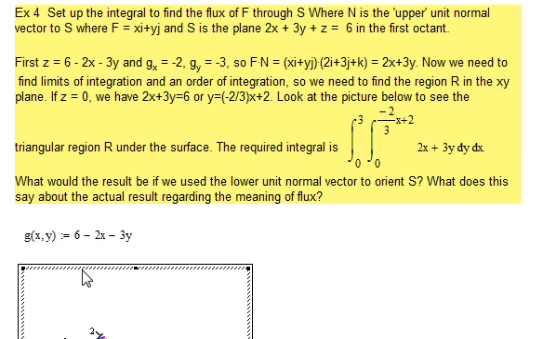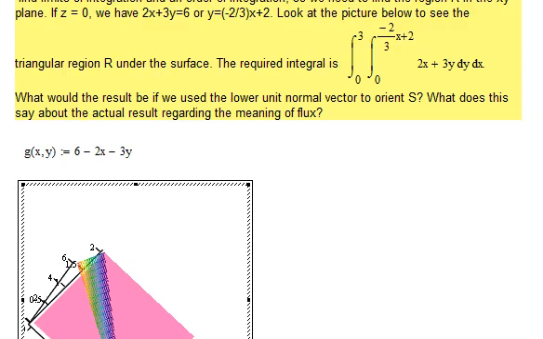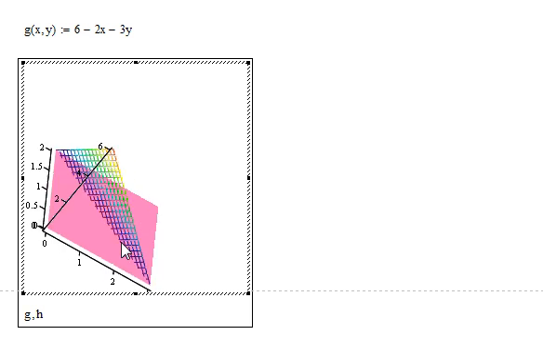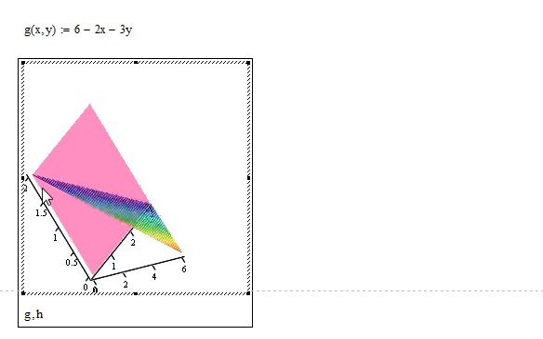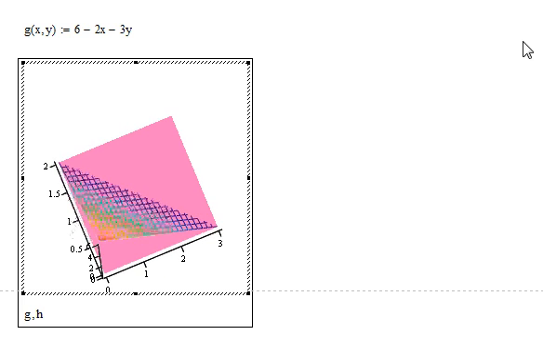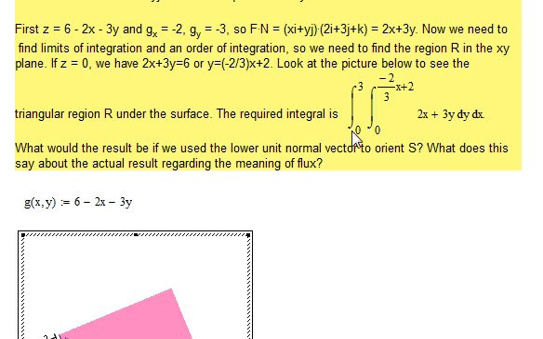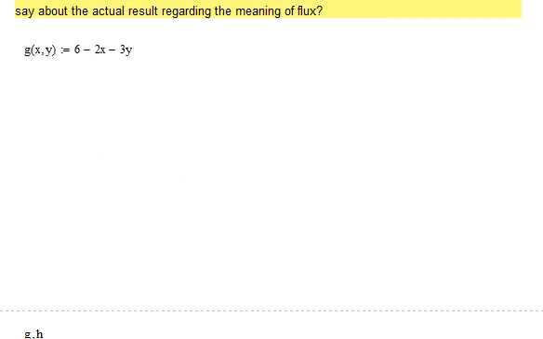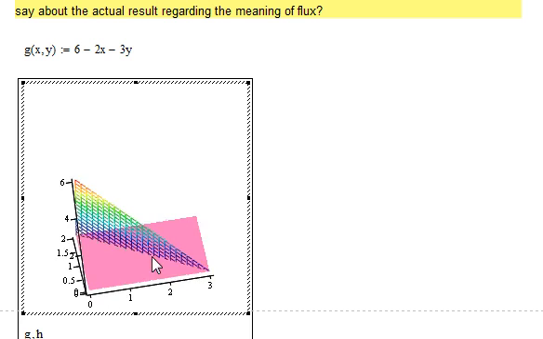Oops, you know what? I've got my axes backwards here. No, I'm sorry. It was y that goes from 0 to -2/3 x plus 2. It's x that goes from 0 to 3, so my axes are just fine the way they are.